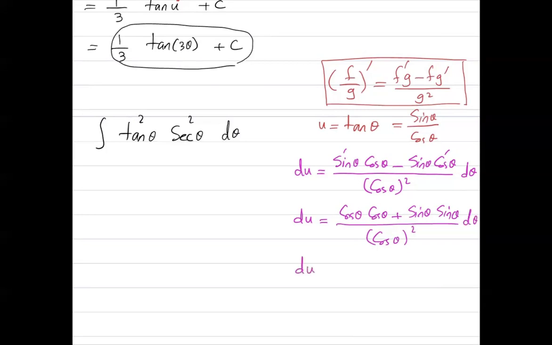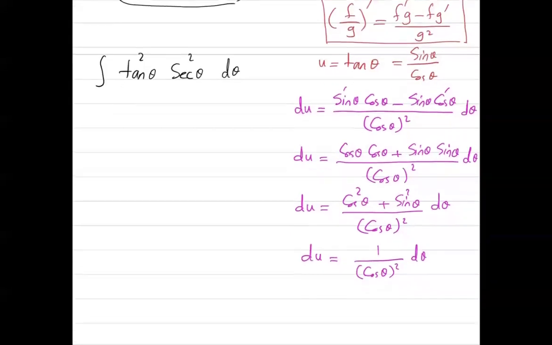So du is equal to cosine squared theta plus sine squared theta divided by cosine theta to the second power d theta. Or du is equal to 1 divided by cosine theta to the second power d theta.